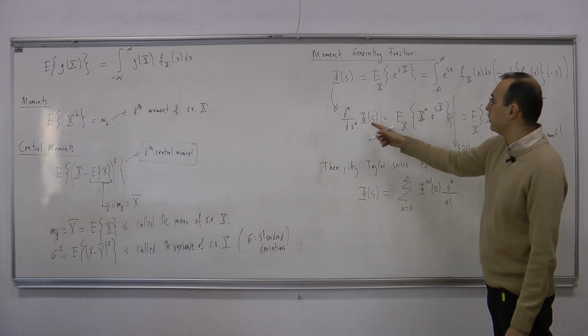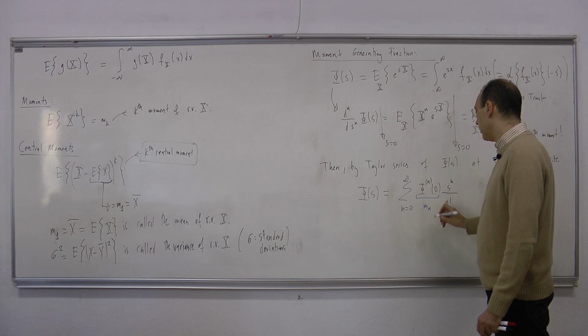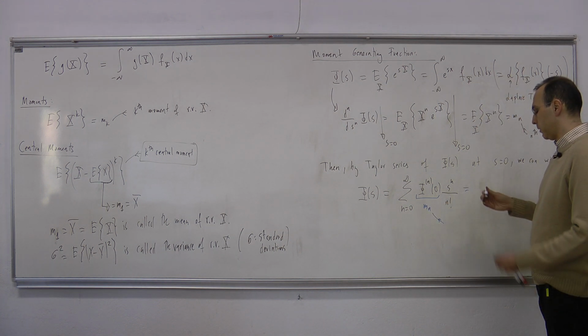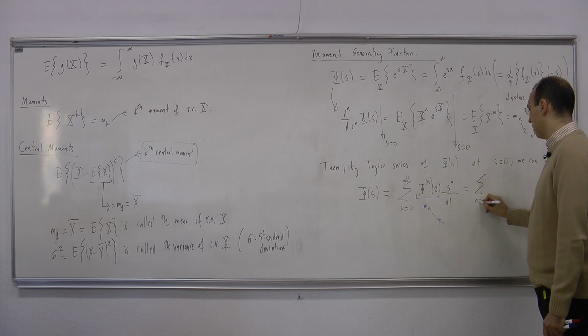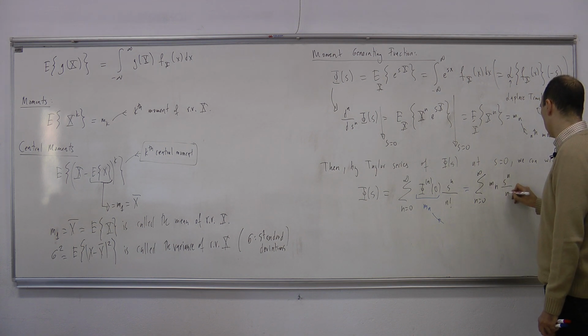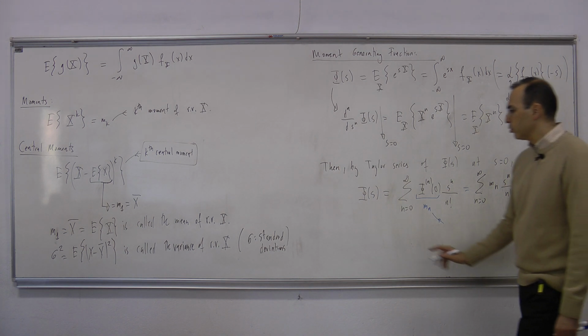Well, if this thing exists, then this is the nth moment. So what do I see? The Taylor series is nothing but a series whose coefficients are the moments, as you see. Of course, there is an n factorial over there, but the moments are the critical part for our purposes.